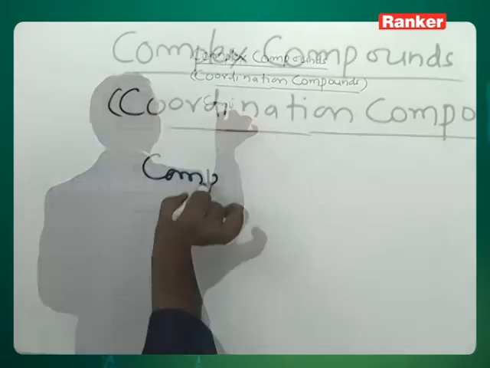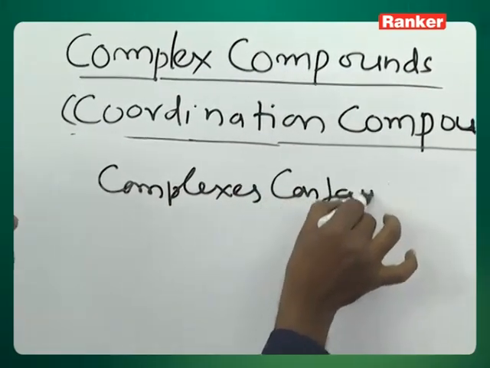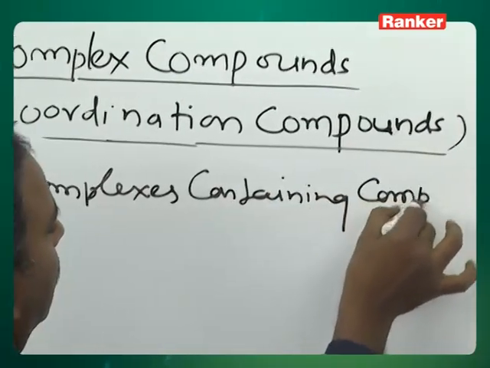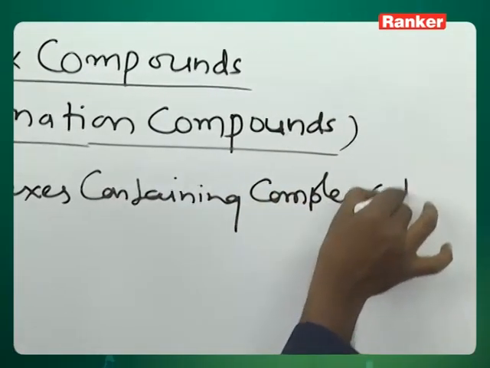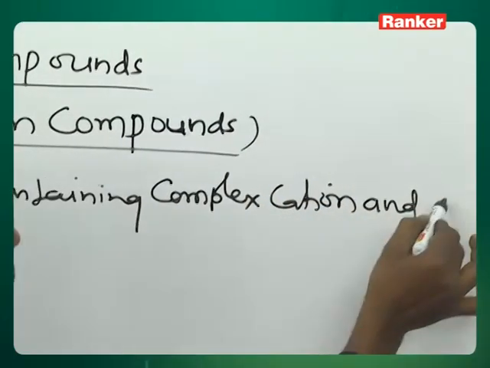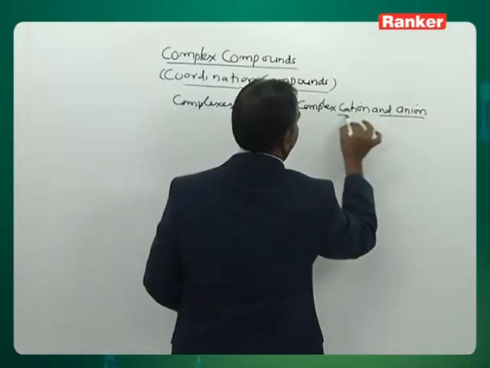Complexes containing complex cation and anion. Complex cation and anion means what?